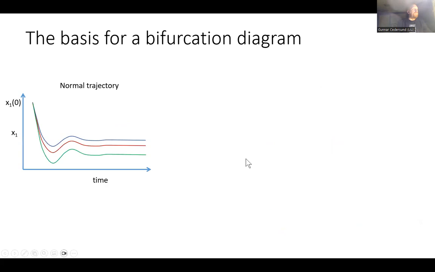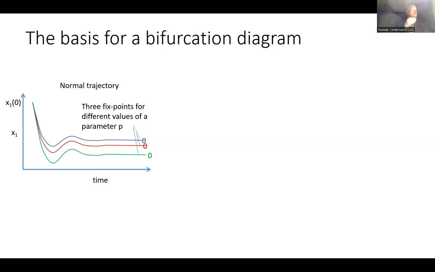Okay, so let's understand the basis for a bifurcation diagram. In the previous video, we understood that here, this looks like we have a fixed point. And the difference between the curves here is not the initial condition, because different initial conditions will typically end up in the same place if you have the same parameter.